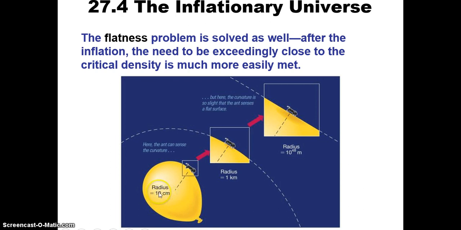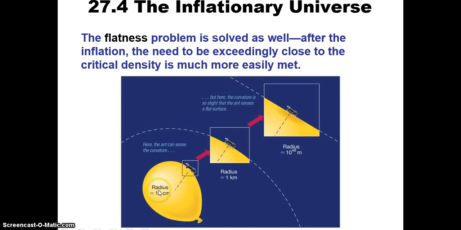The flatness problem, basically here, I thought this was a clever description. Suppose you take an ant, right? An ant is maybe a centimeter or so in size, or usually probably less than that, maybe half a centimeter. But if the ant is on a balloon that has a radius of 10 centimeters, the ant can see the curvature very easily, right? Not a problem.